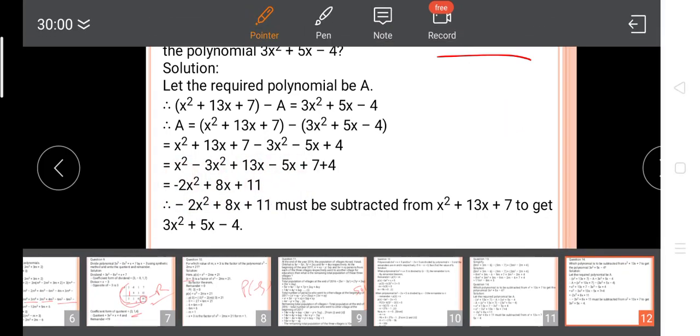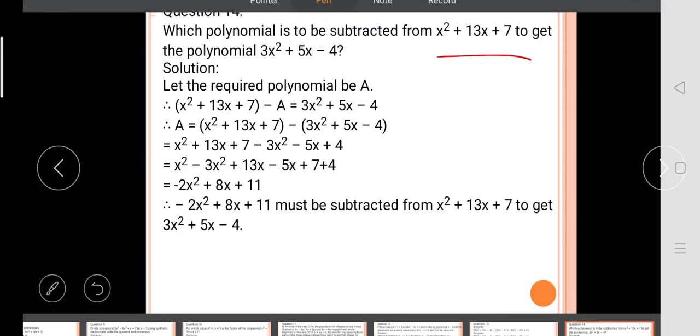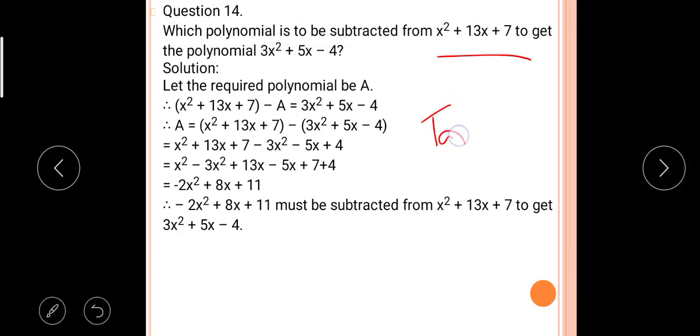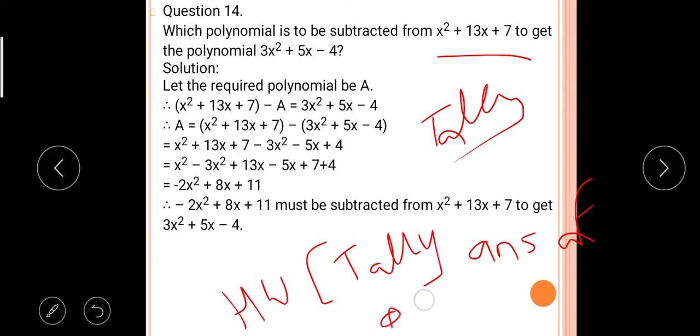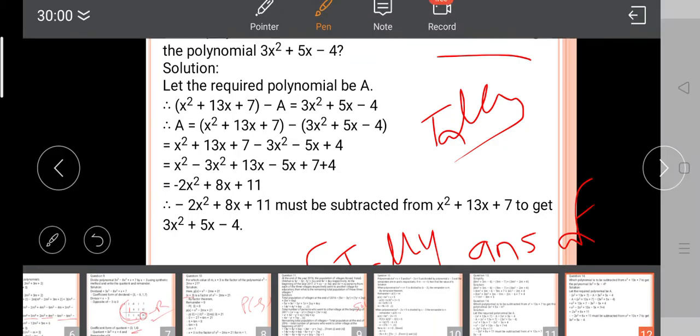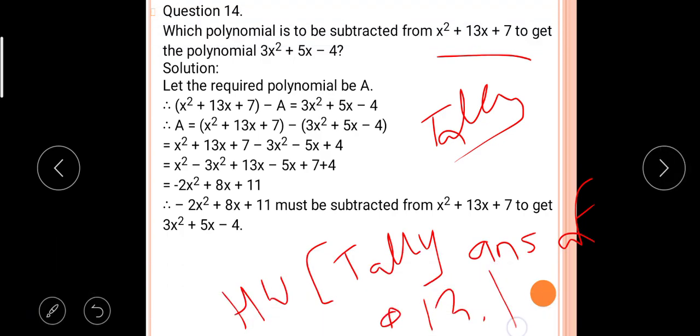Now this answer also you have to tally and send me. This is your homework: tally the answers of questions 13 and 14.